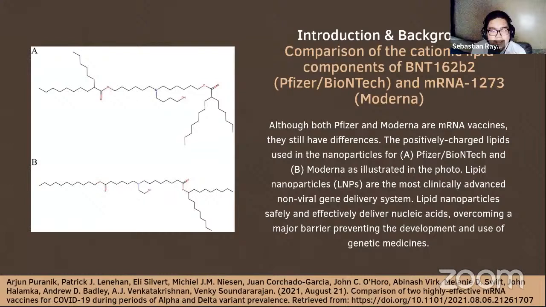Nanoparticles safely and effectively deliver nucleic acids, overcoming a major barrier preventing the development and use of genetic medicines. We will now go on to how the vaccine works, to be discussed by Miss Maria Rose.